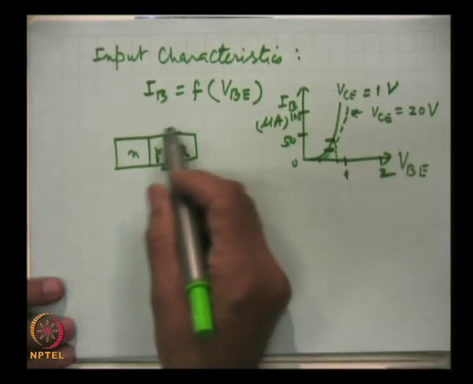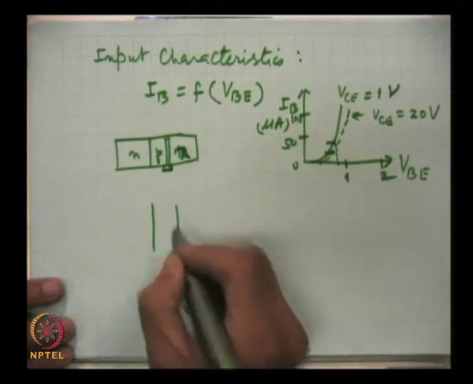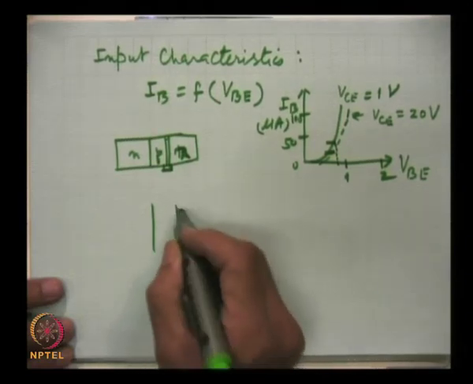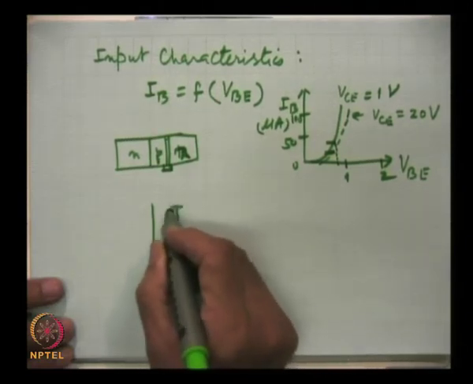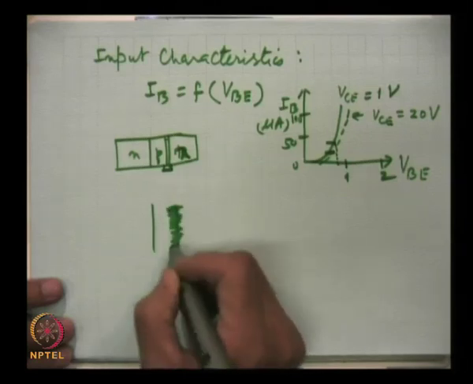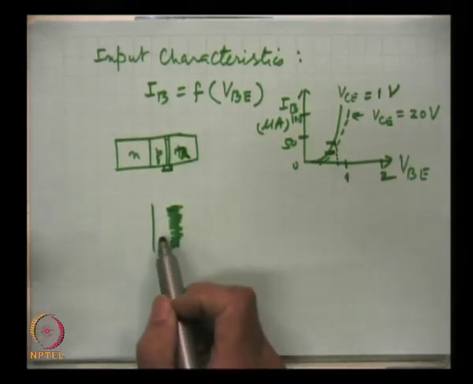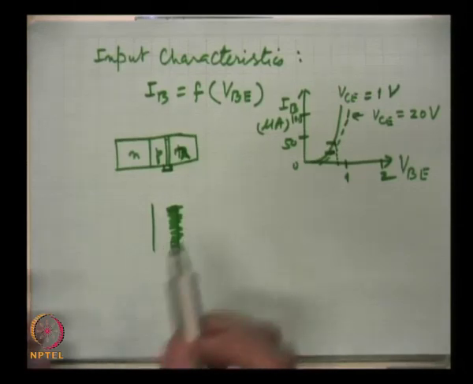broadens because we have changed the voltage from 1 volt to 20 volts. So, now there is 20 volts across this. So, if this was the base with 1 volt and this depletion region will be more spread in the base region, because this is more lightly doped region.